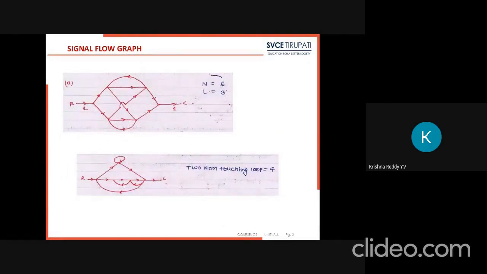If you are seeing this problem, see here. Here we need to calculate the number of nodes and number of loops. Here this is node 1, node 2, node 3, node 4, node 5 and node 6. Number of nodes is equal to 6. Now we need to calculate the number of forward paths.